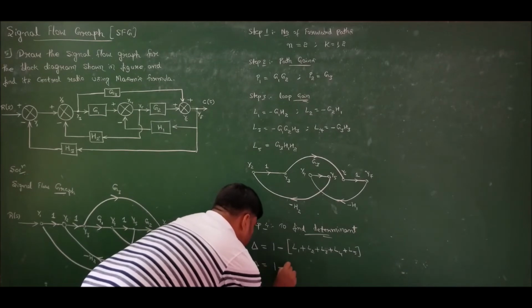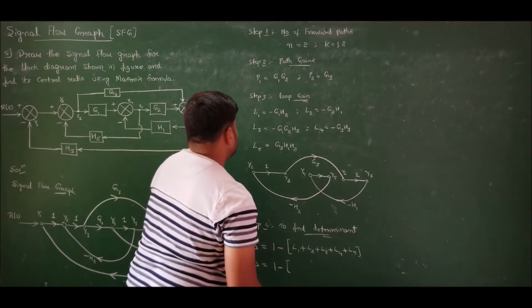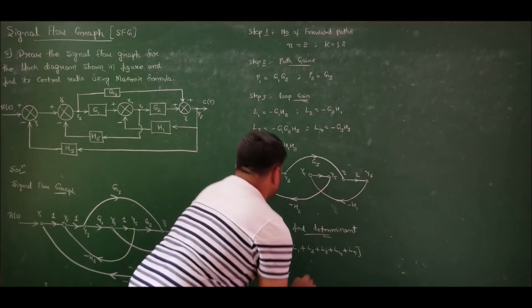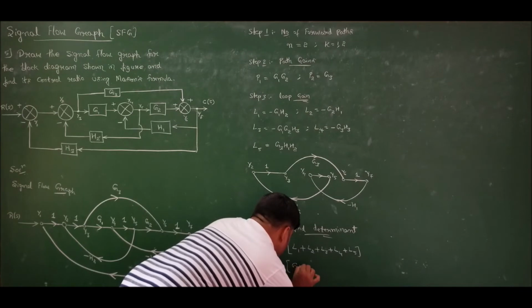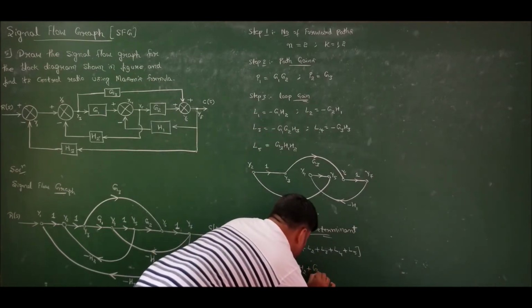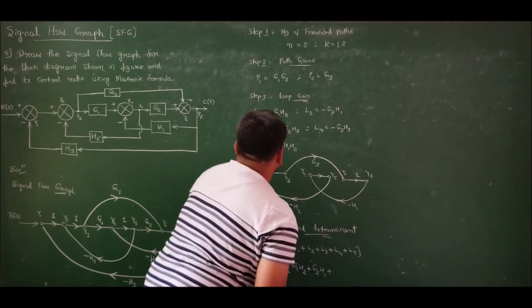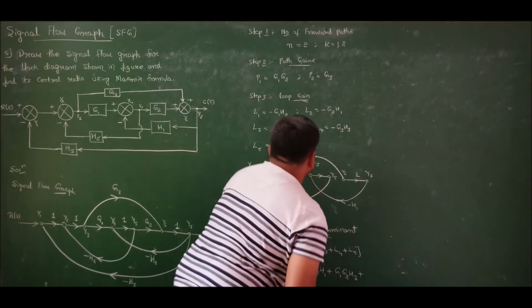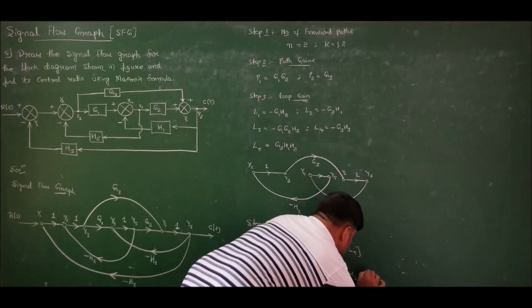Delta will be equal to 1 minus L1, and so on. So I will take minus common throughout. If I take minus common throughout, I will end up with G1 H2 plus G2 H1 plus G1 G2 H3 plus G3 H3.